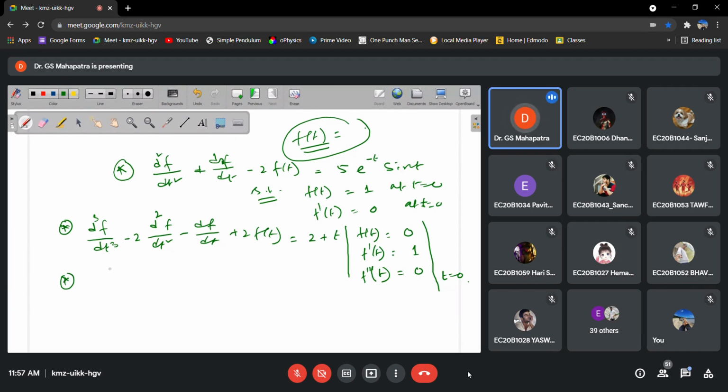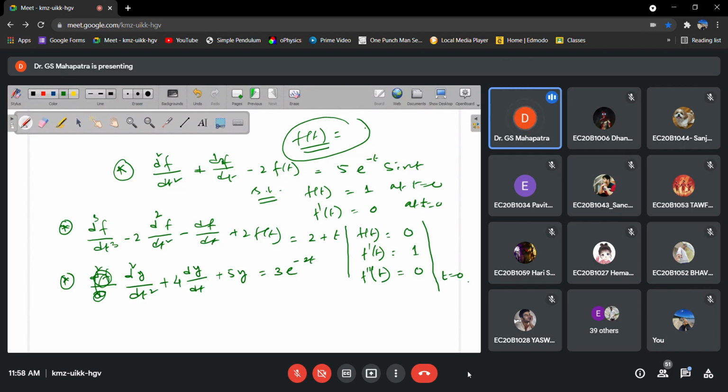Now the third one, a simple problem. Once again, this one is d2y by dt2 plus 4 dy by dt plus 5y equals 3 e to the power minus twice t.